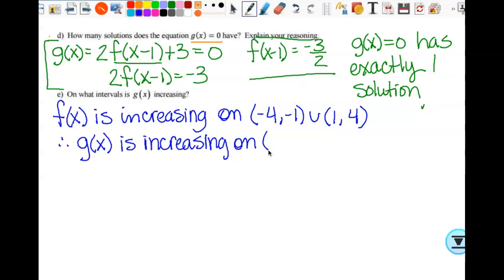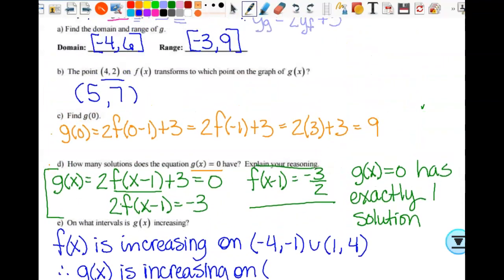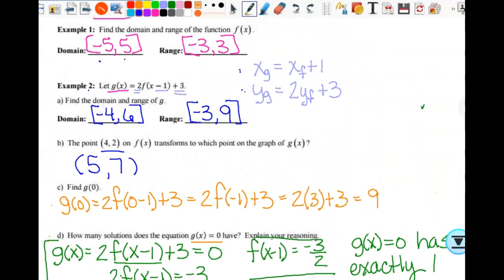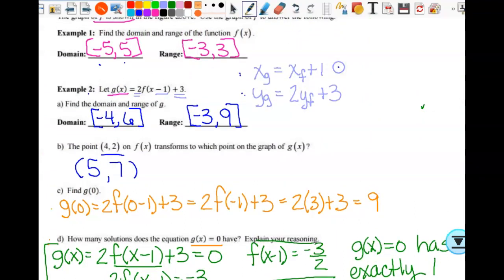Okay. All right, so g of x is increasing on. Well, when we talk about increasing, we're talking about y, right? The y values are increasing. But we wrote about what? X, okay? So this -4, the -1, the 1 and 4, those are all x values, right? So what do I do with my x values for f to get my x values of g? Add 1.